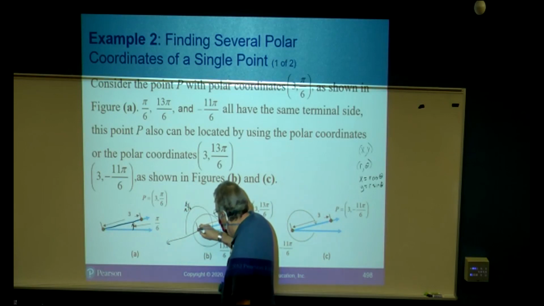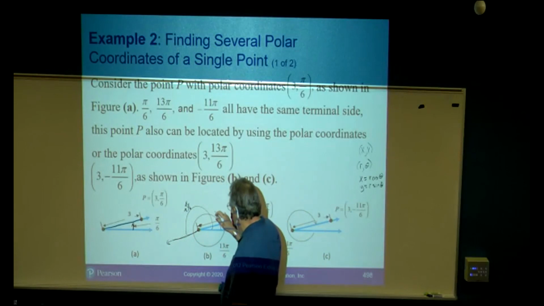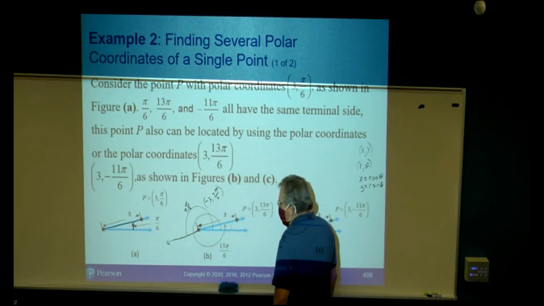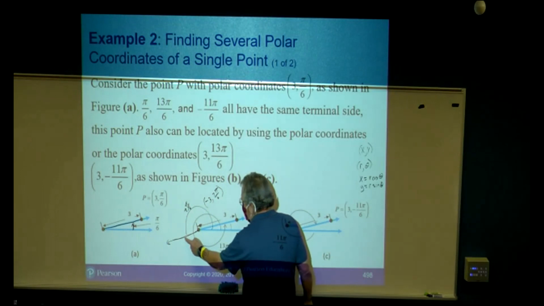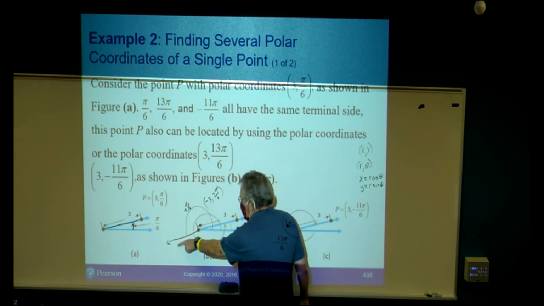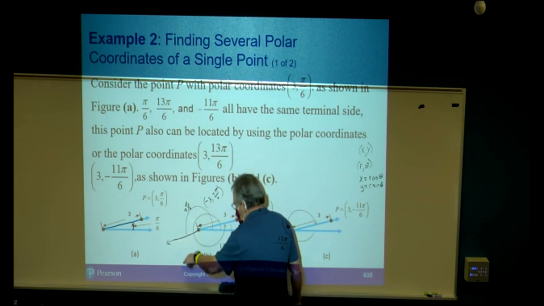And so instead of going along that ray, we want to go back the opposite direction. So that would be a negative 3, 7 pi over 6, where the ray is pointing in the opposite direction we want to go in. And so we apply negative 3, which tells us we're going in the opposite direction of the ray we wind up on.